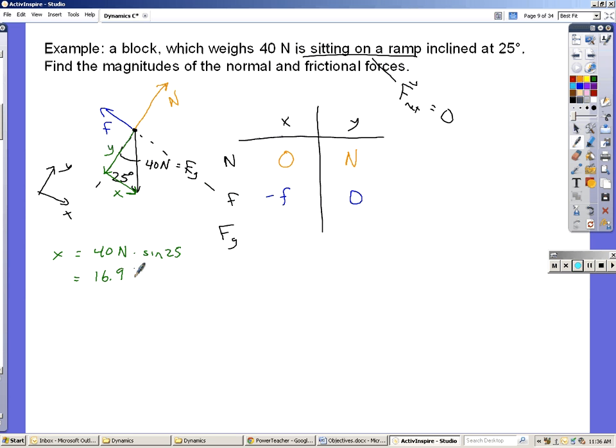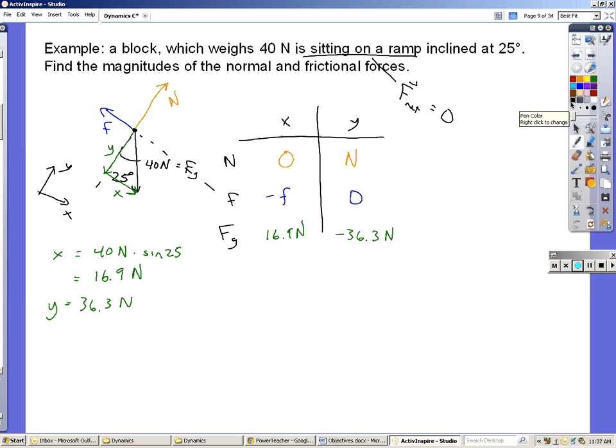Also notice that that makes sense, because the larger the angle gets, the more the weight force tends to pull it down the ramp, and sine increases as the angle increases. Similar calculation, but using cosine for y tells us that it's 36.3 newtons, but we've got to make that negative because we define positive y to be upwards out of the ramp. And this is 16.9 newtons.